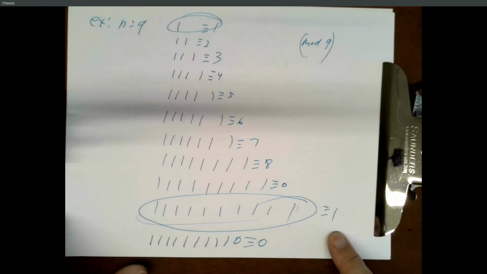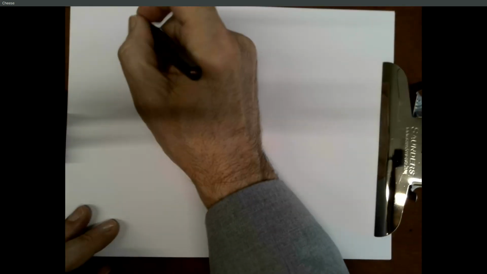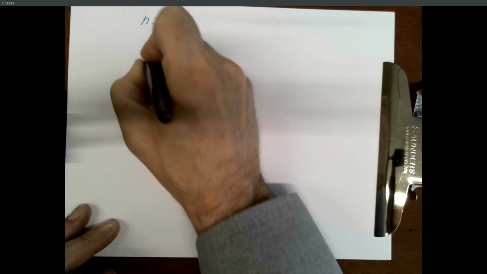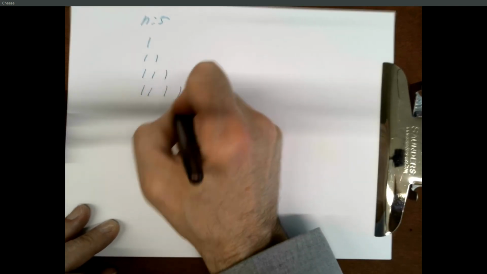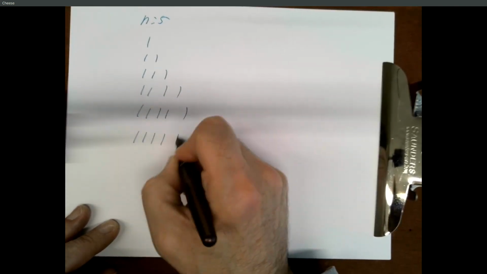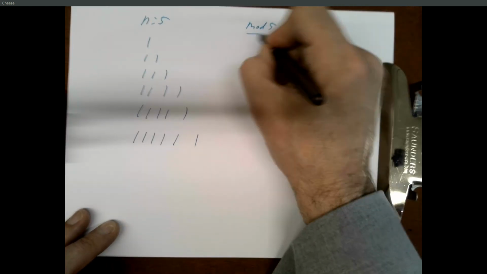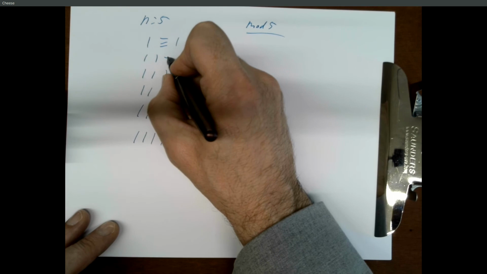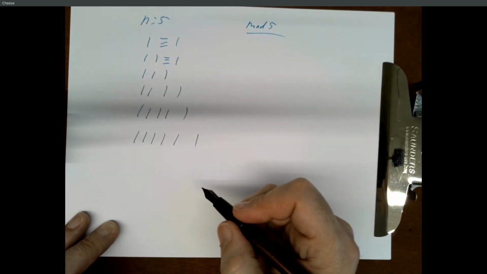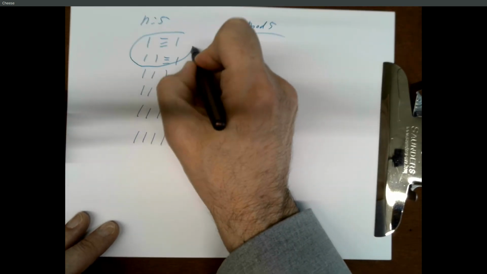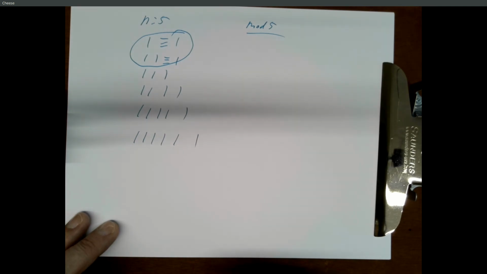Okay. Right, but let's do a case like 5, right? So write down those 6 numbers and look at them modulo 5. Well, this is congruent to 1. This is also congruent to 1. I can stop right there. I know the difference of these will be congruent to 0.